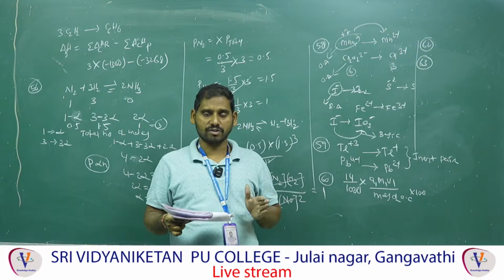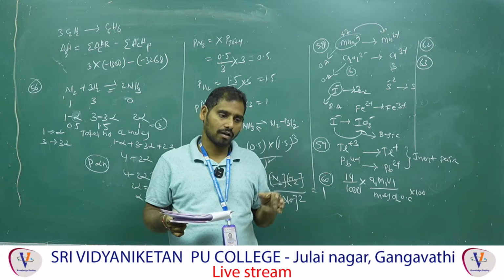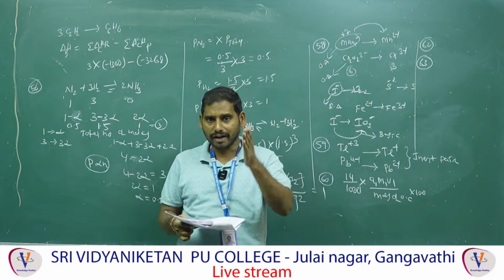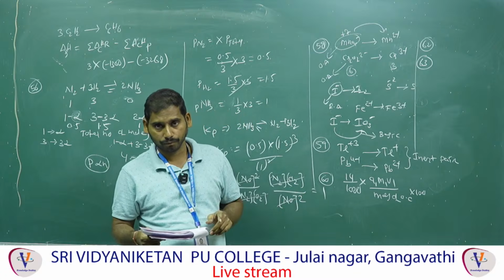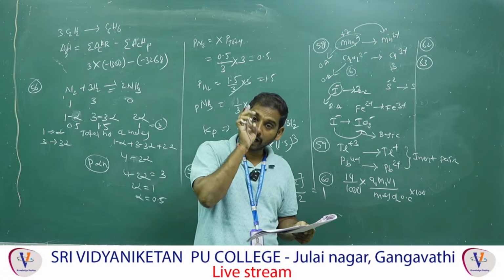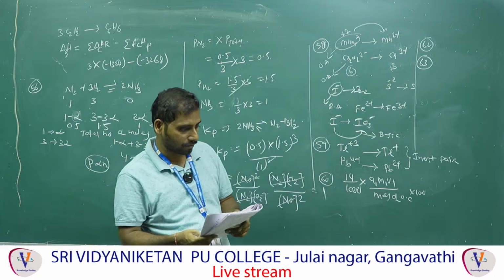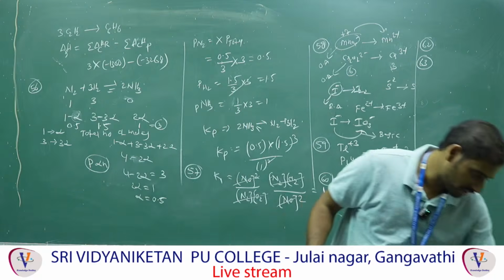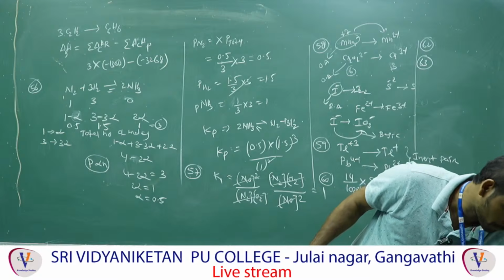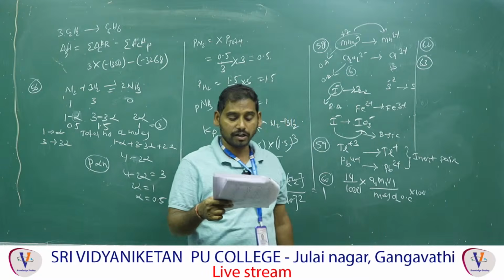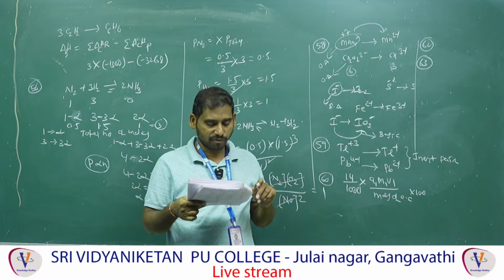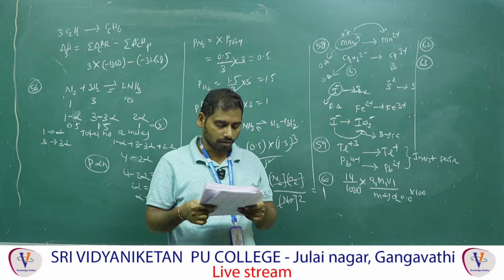Chain initiation means the halogen breaks down to form free radicals. The second step, propagation, is the continuous step. So which one is continuous? C and E.